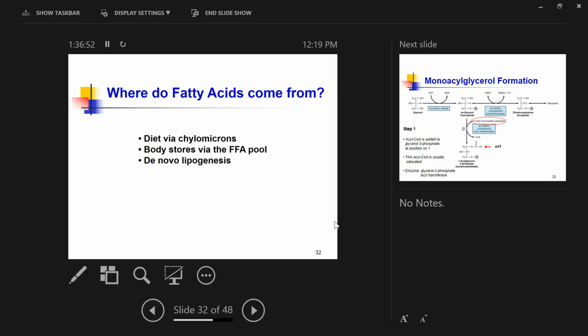So that is one of the mechanisms for fatty liver disease. Usually obese patients or type 2 diabetic patients very commonly have fatty liver disease.